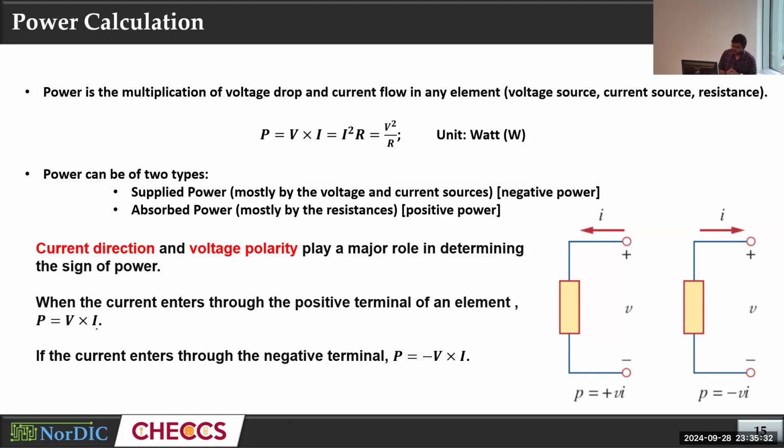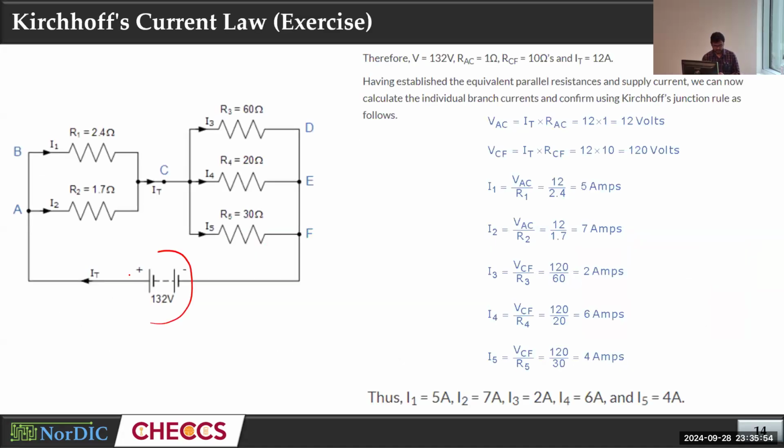So the key point of all this is that power is important for any electric product, for any circuit; power calculation is important. So power is nothing but the multiplication of voltage and current. Okay. So if you take any element, a voltage source, if we go to the previous example here, this is a voltage source.